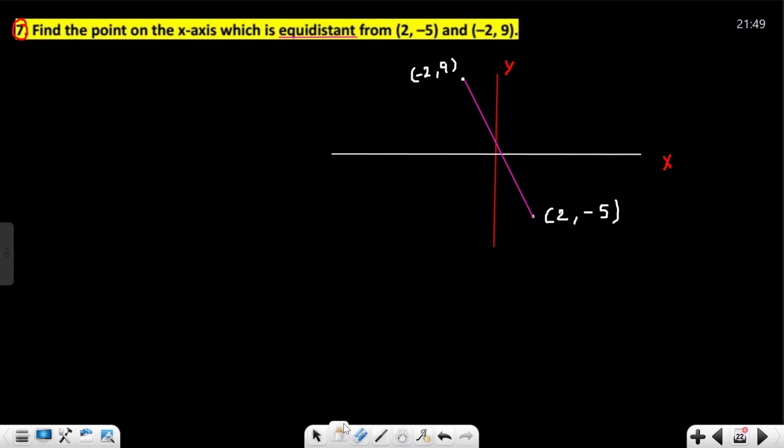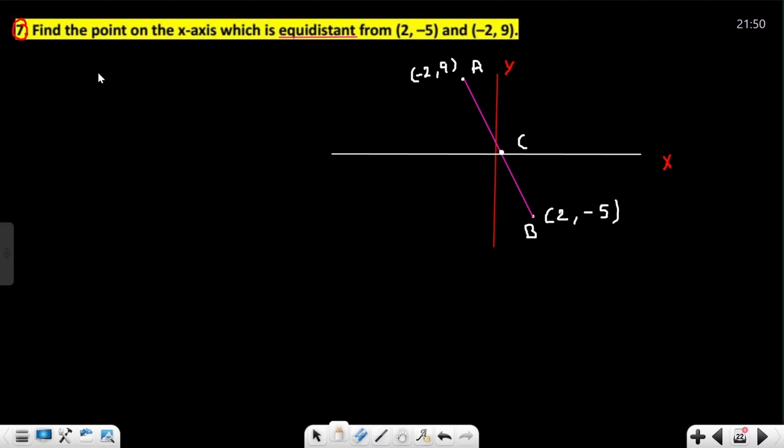So equidistant means here there are point A and point B and one point on the axis. Suppose this is point C. Point C is at an equal distance: AC and BC distances are equal. So the question means: the point on the x-axis which is equidistant means at equal distance from point A and point B.